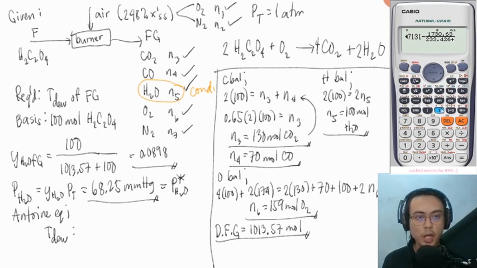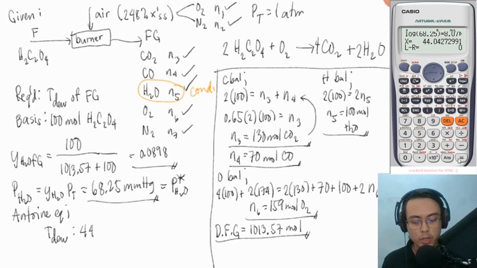That is your unknown. That's the dew point temperature. Shift solve. The dew point temperature of the flue gas is 44.0 degrees Celsius. So let's just say 44 degrees Celsius.